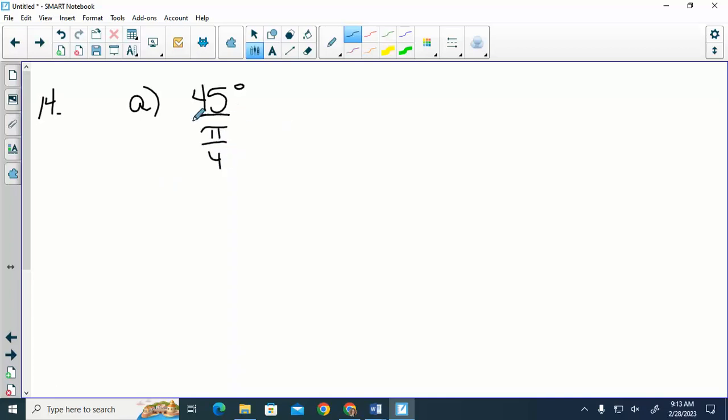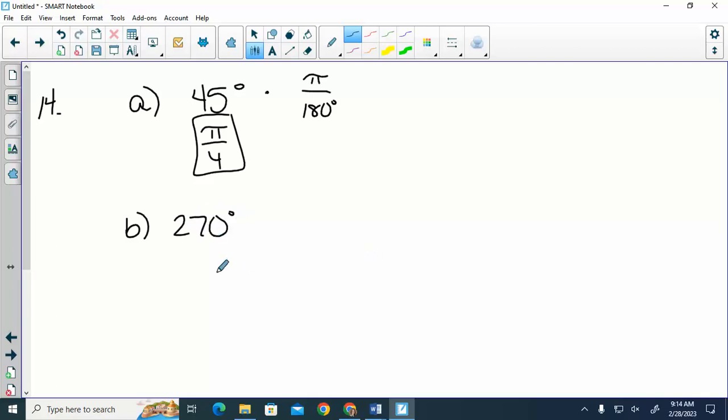So that's what I'm hoping you recognize at this point. Now, why I don't want your calculator: we could do times pi over 180, and you could figure this out without a calculator. You're going to get your pi. 180 divided by 45 is 4. That's how we got here. But I'm wanting you to think about these a little bit more.